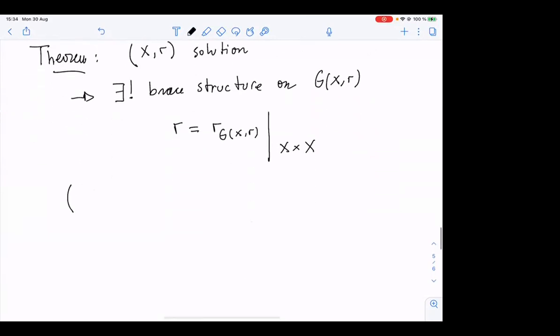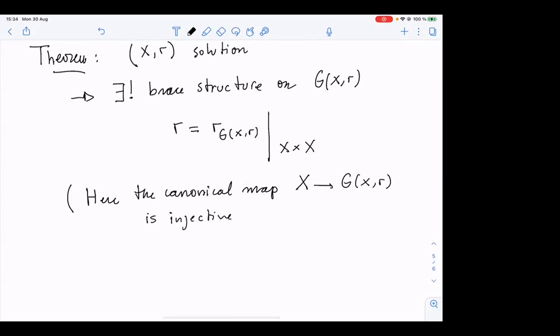So here I'm using that the canonical map that goes from X to the structure group is injective. Which, in general, of course, is not true, but in this case it is true and it is highly non-trivial.